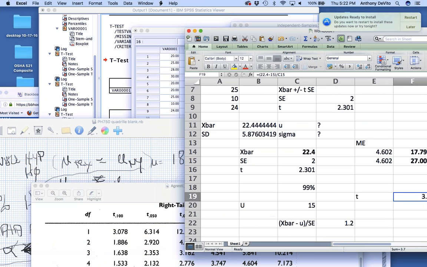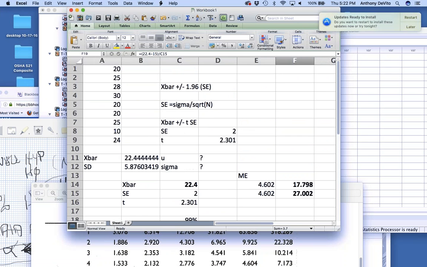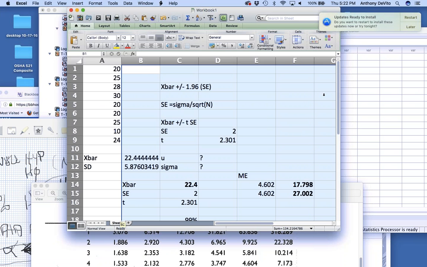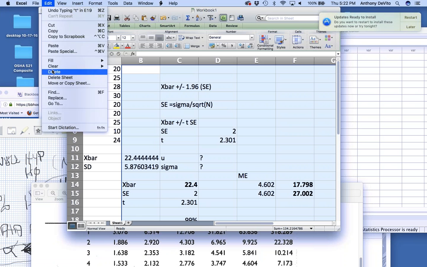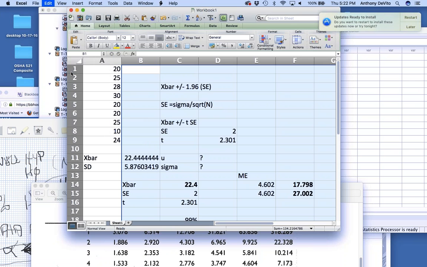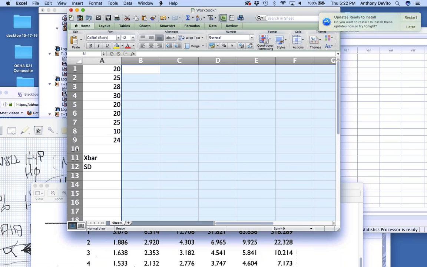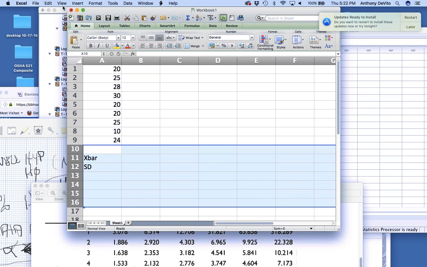If you type your data into Excel, I'm going to clear out all this stuff here, and all this junk that's down here, so all I've got left is the data.